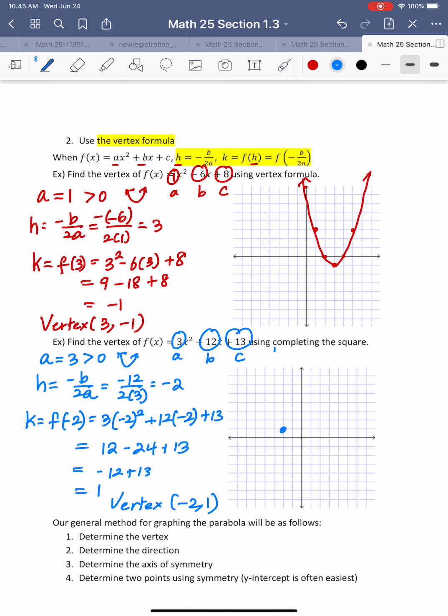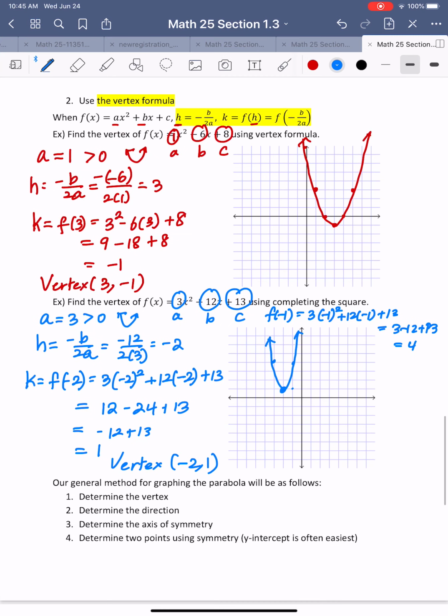If you use negative 1, you get 3 times negative 1 squared plus 12 times negative 1 plus 13. So 3 minus 12 plus 13, which is 4. So negative 1 is 1, 2, 3, 4. Yeah, a very narrow graph, you'll see. Okay, that's all.